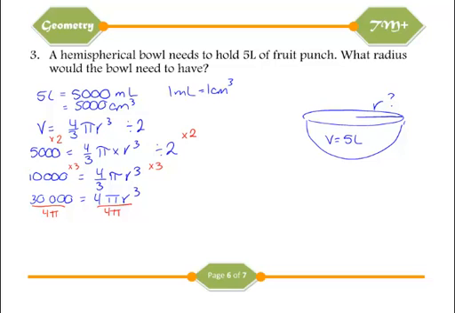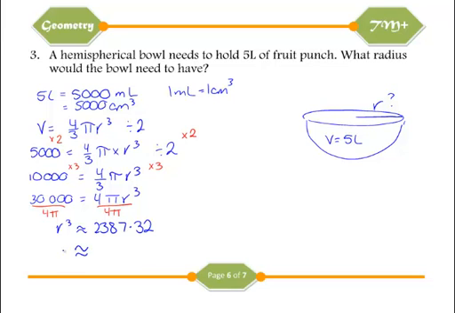Now I'm going to get rid of the 4 pi, so I'm just going to divide both sides by 4 pi. Okay, so 30,000 divided by 4 times pi, I get approximately, so r cubed is approximately 2387.32. Now I'm going to use the answer on my calculator, and I'm going to cube root that. Okay, so I'm not approximating, I'm cube rooting exactly what's in my calculator, so therefore I'm not approximating twice.